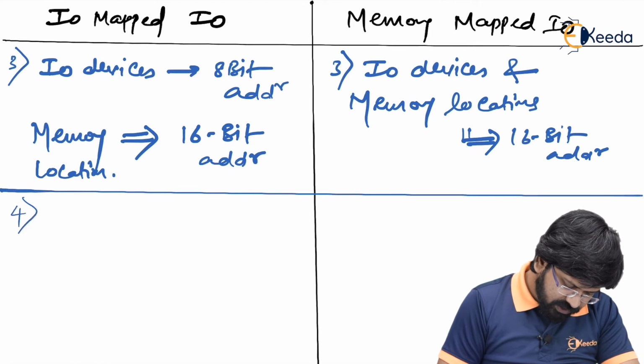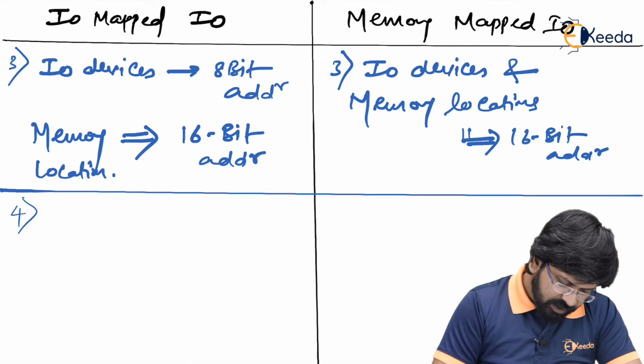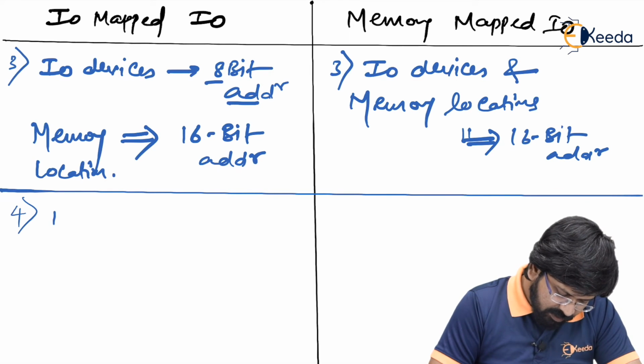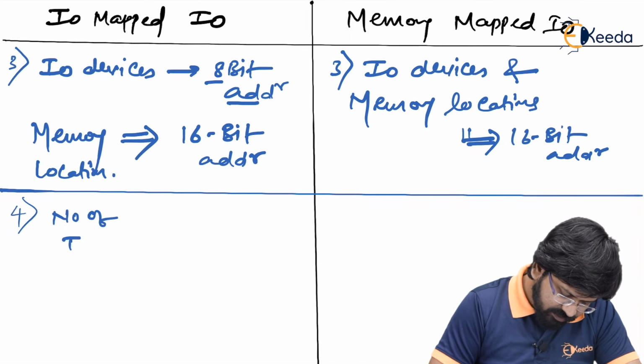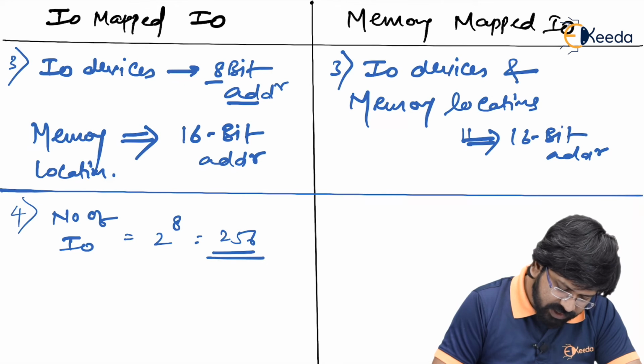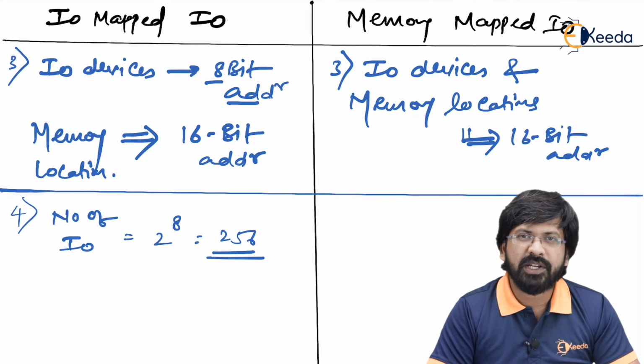The fourth difference in IO mapped IO and memory mapped IO is, see, since 8-bit address is allotted to IO devices, the number of IO devices you can access is 2 raised to 8, which is 256 IO devices. So you can have 256 IO devices in the IO mapped IO technique.